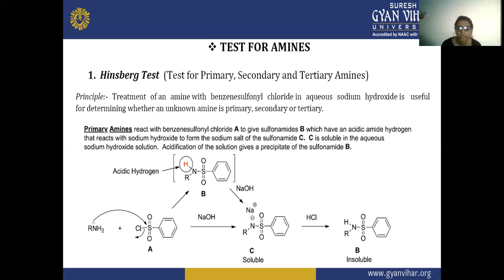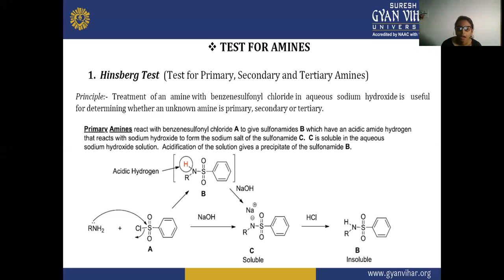Here you can see that N has a lone pair, and the Cl from this benzene sulfonyl chloride is removed from here after taking the electrons from the sulfur. So the sulfur gets the positive charge and the Cl gets the negative charge.